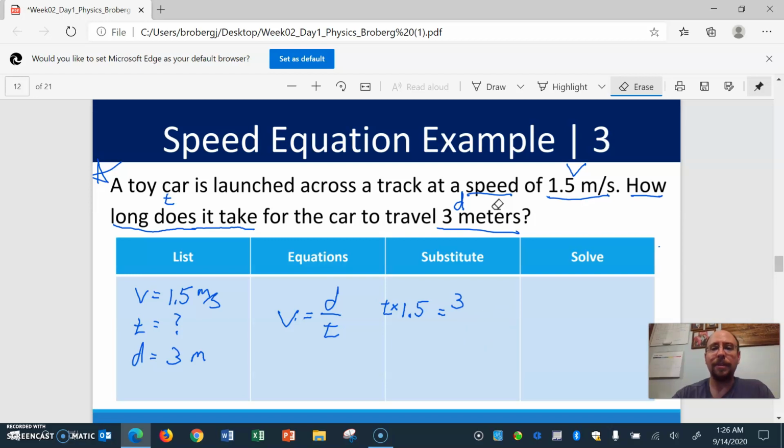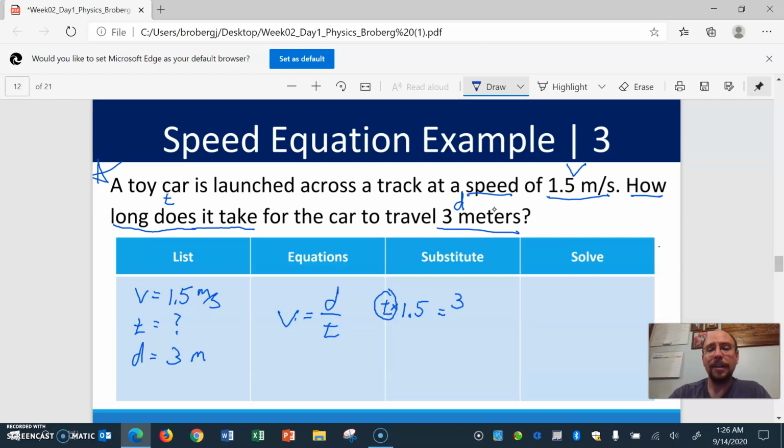And I'm left with this. So now when I have this equation, it's a little easier to see what I'm going to do next, because now I can actually get t by itself in the next step, because it's t times 1.5 equals 3.